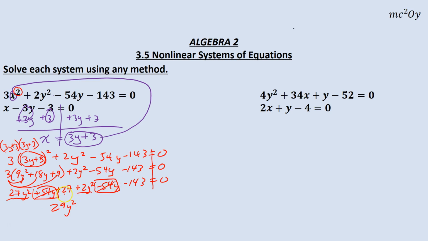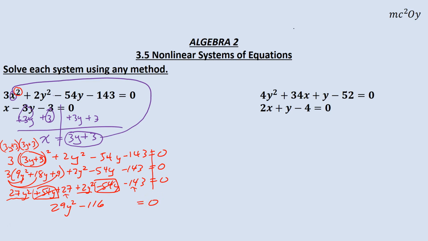And I have a 27 and a negative 143. 27 plus negative 143 is negative 116. And all that's going to be equal to 0.